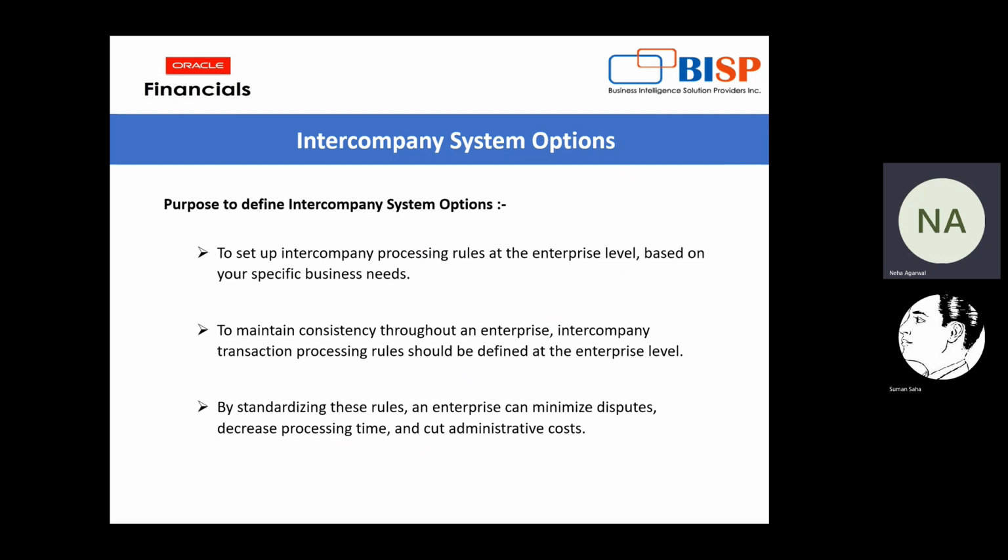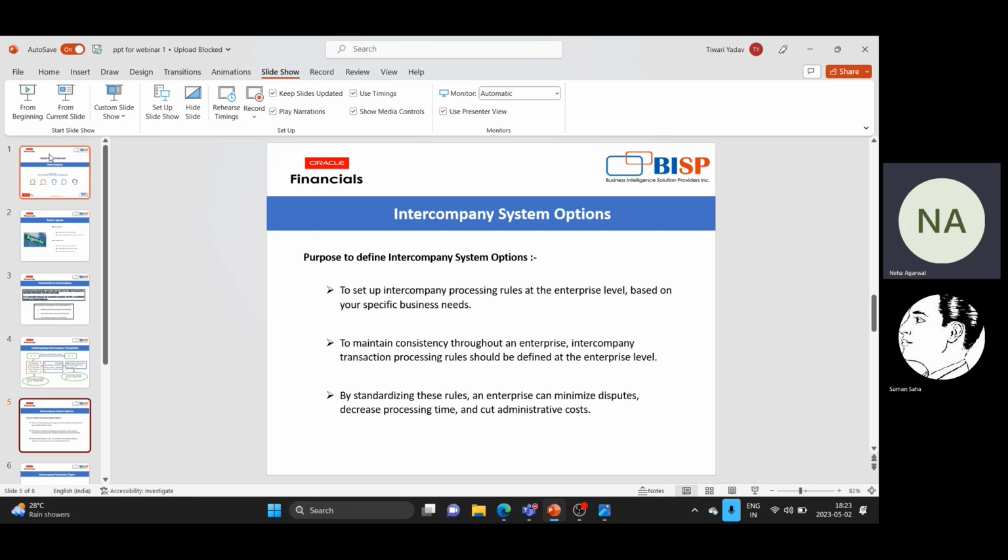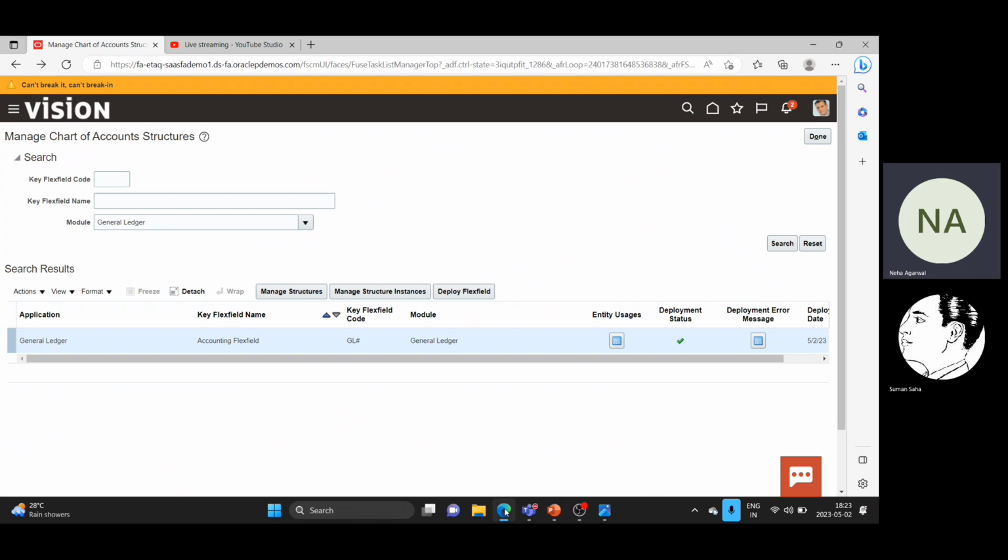To maintain consistency throughout an enterprise, intercompany transaction processing rules should be defined at the enterprise level. By standardizing these rules, an enterprise can minimize disputes, decrease processing time, and cut administrative cost. Let's move in the instance to see how the enterprise system options are provided.